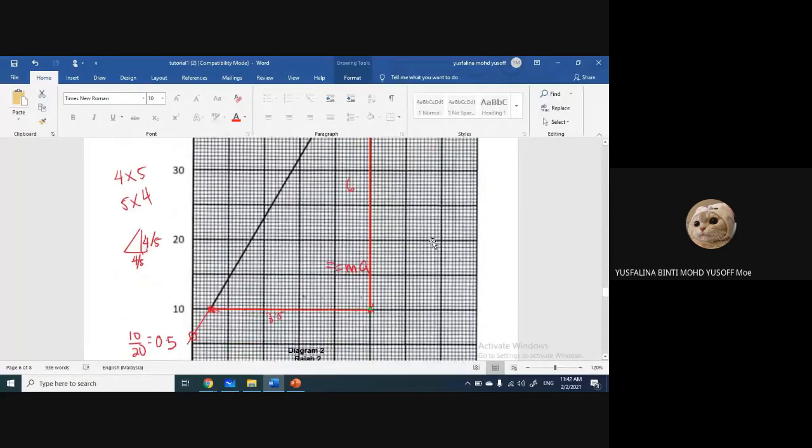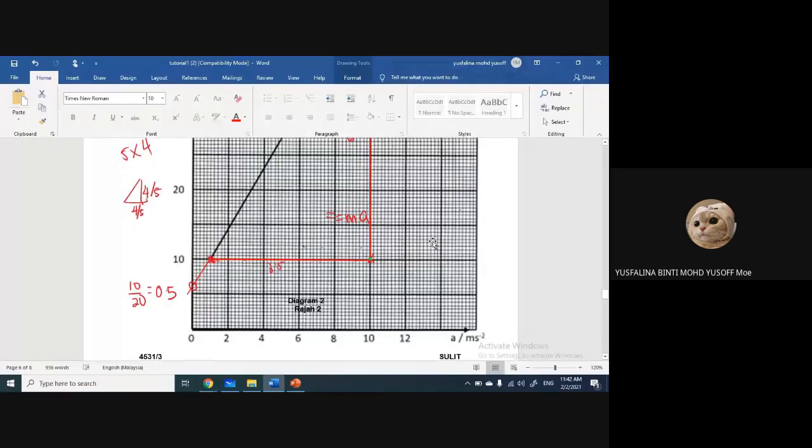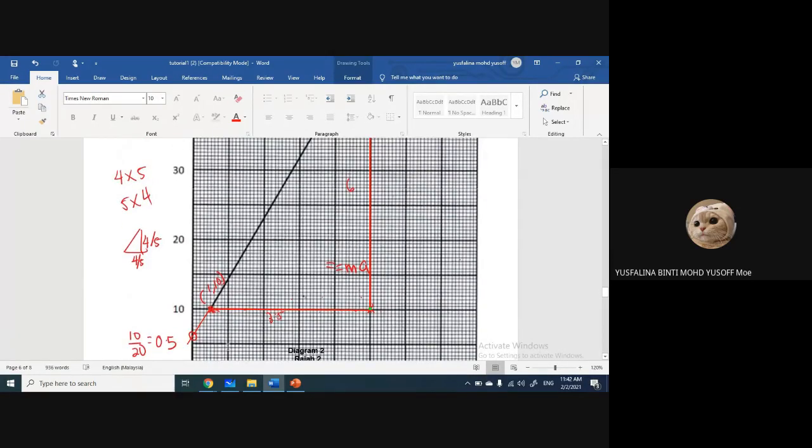Okay, next step, you have to read the coordinate. Let's say this one, I take this coordinate. This should be 0, this should be 1, so 1, 10. After you draw a triangle, you take the coordinate and write the coordinate at the point there.